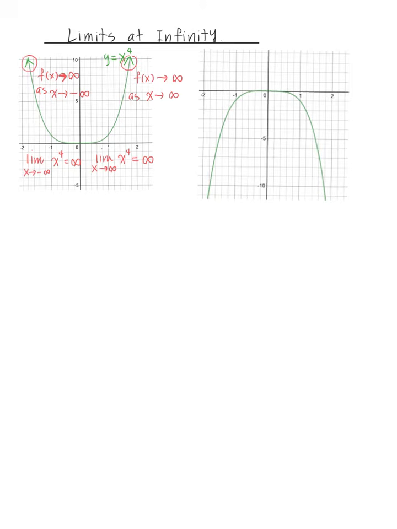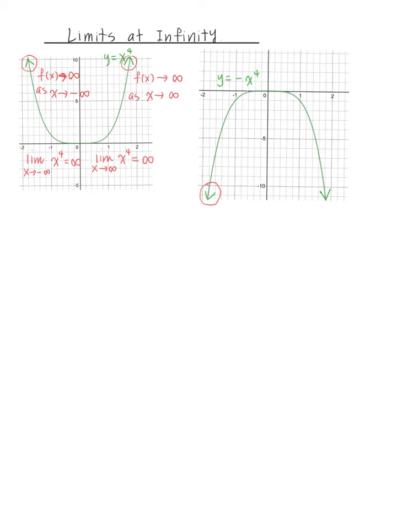Now let's take a look at this one. This is nothing but y equals negative x to the fourth. Again, it's a negative and an even power, so the end behavior of the graph is both pointing downwards. Now let's try to express where this tail end is going in terms of a limit.